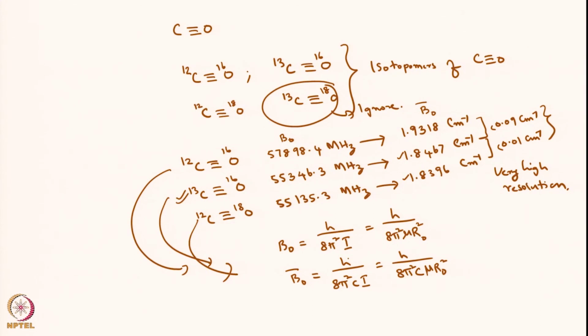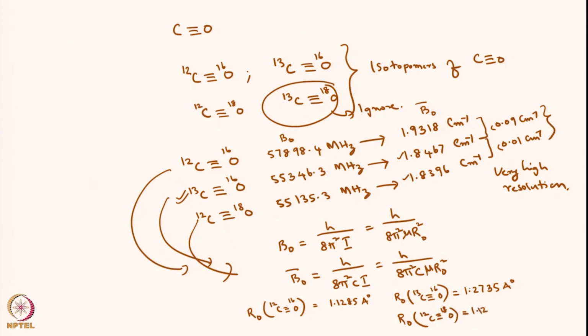Then it turns out when you calculate all this, you will get R naught for 12C16O equal to 1.1285 angstroms, R naught for 13C16O equal to 1.1285 angstroms, and R naught for 12C18O will be 1.1285 angstrom.